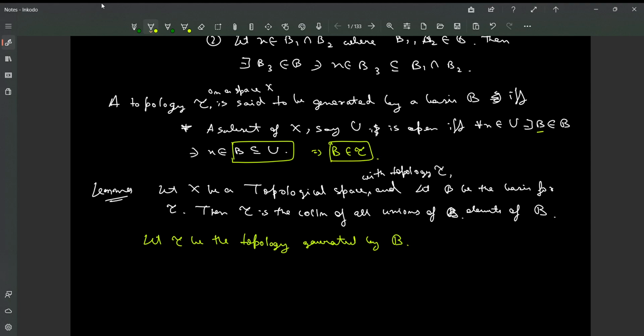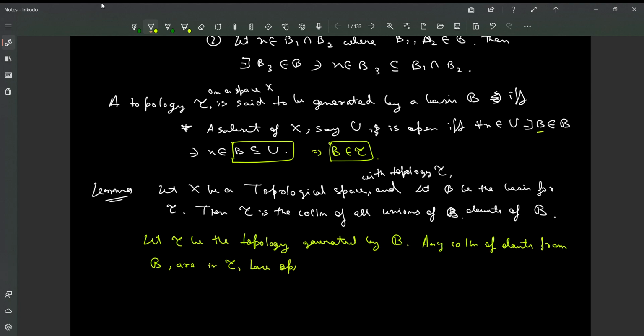So that means if you consider any collection of elements from this basis set, then the elements are contained in tau as well. So any collection of elements from capital B are in tau, right?